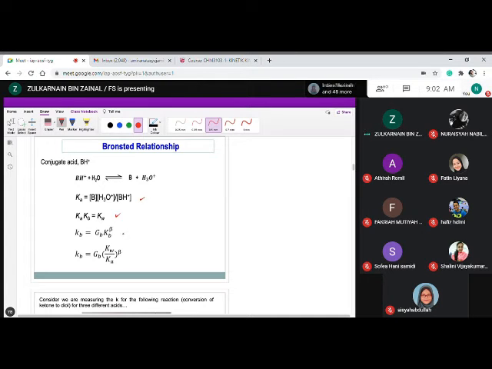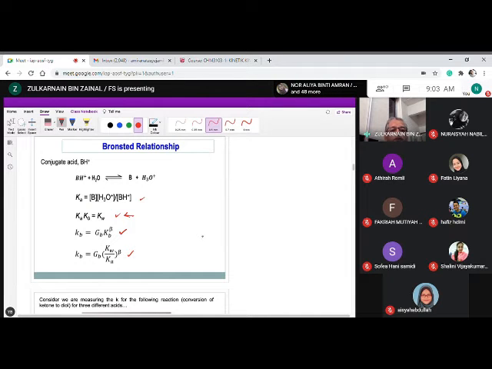We can also write another equation, instead of for the acid, this is for the base. Since we like to use Ka rather than Kb, we can replace Kb and put Ka into the equation by knowing this relation. So that's all.